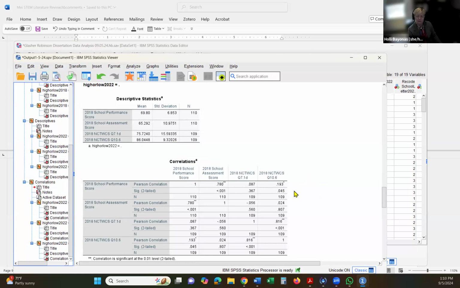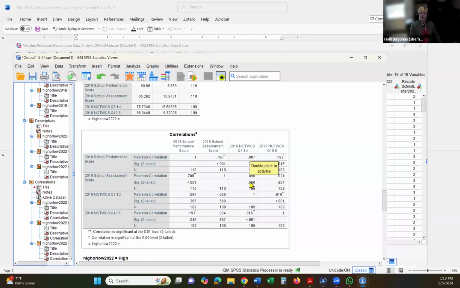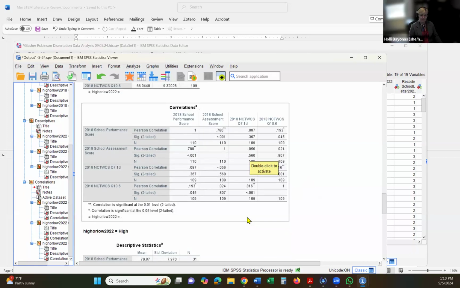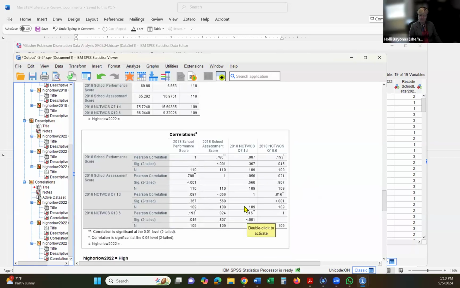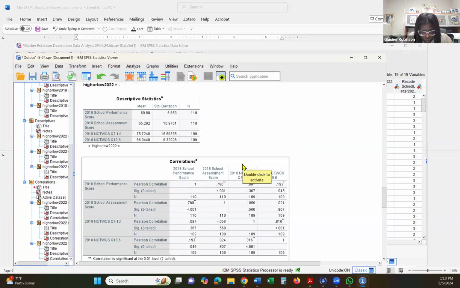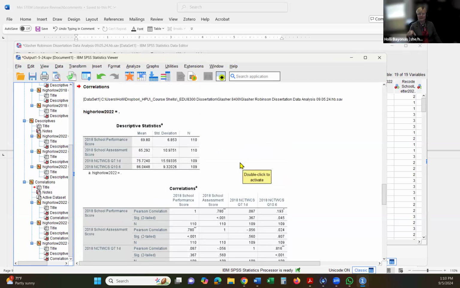What happened to the correlation? Why aren't these correlated? 2018. Why is it different than it was the other day? Does this look like what you got? Let me look. So for 2018, I don't see anything negative. Oh, I know what happened. Look at me. I'm an idiot.